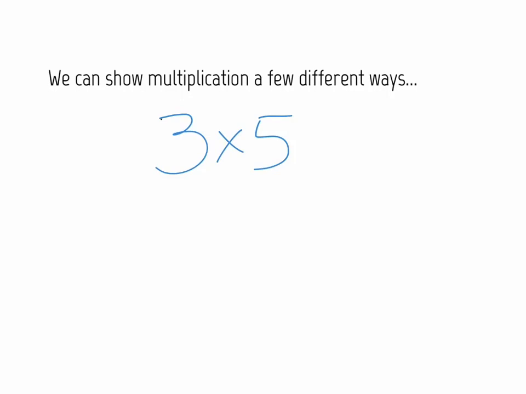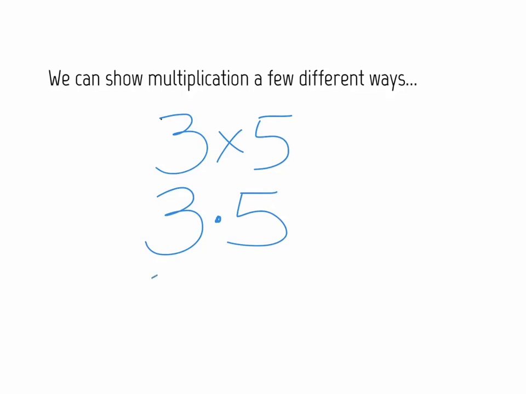As we start to learn algebra, we are going to stop using that x for multiplication because algebra uses variables and letters, and is that an x or is it a multiplication? That gets confusing. So the next way is we're actually just going to use a dot instead of an x. This is the new way that many students feel comfortable with, and it's written the same way, just a dot instead of an x.